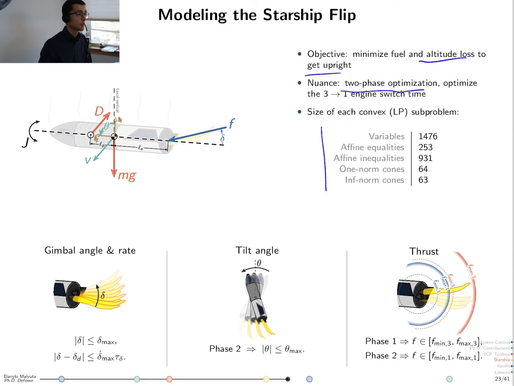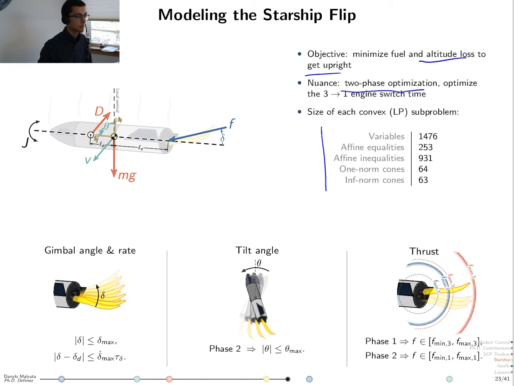The cost for the problem is, of course, to minimize fuel, and also for safety reasons, we added a term to encourage the flip to happen as quickly as possible, to minimize the loss of altitude while doing the flip. Like I said, it's a two-phase optimization, so the switching time is decided by the optimizer.